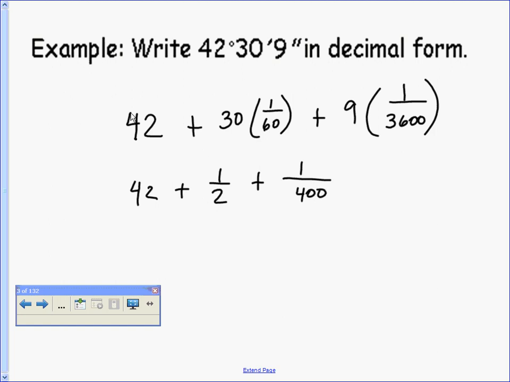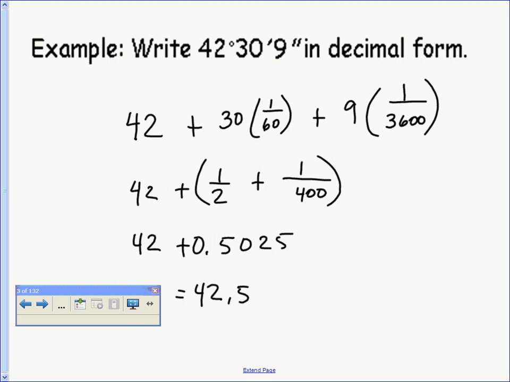And if we add these two fractions, the 1/2 plus the 1 over 400, then what we're going to get is 0.5025. Plus the 42, it's going to give us 42.5025. And we have changed that DMS form now to decimal form.